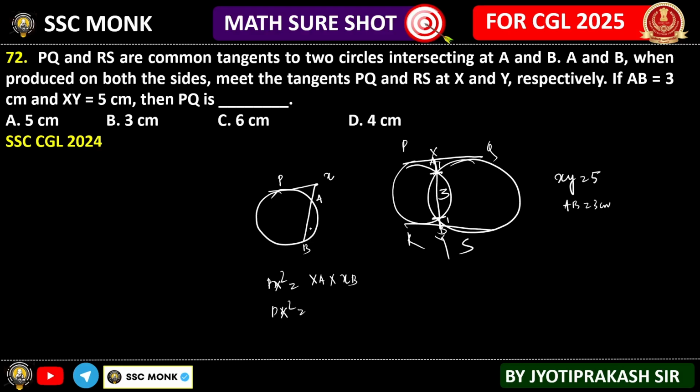So we'll keep it as it is. XA means what? 1. XB means what? 3 plus 1, 4. So PX square is equal to 4. PX value is equal to square root of 4. That is equal to 2. So if PX is equal to 2, XQ we can similarly find, and it will get us the value of 2. So the total value of PQ is equal to 2 plus 2, that is equal to 4 centimeter. Answer option D. Because this will be the same thing, because this value is similar for this circle as well.